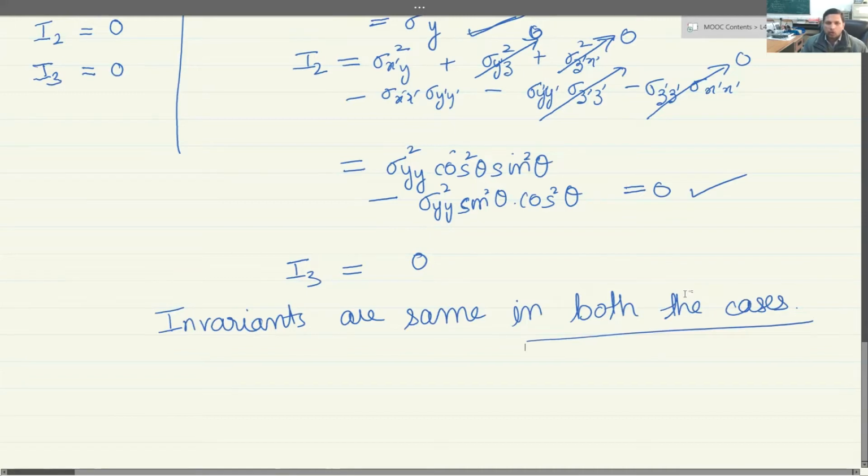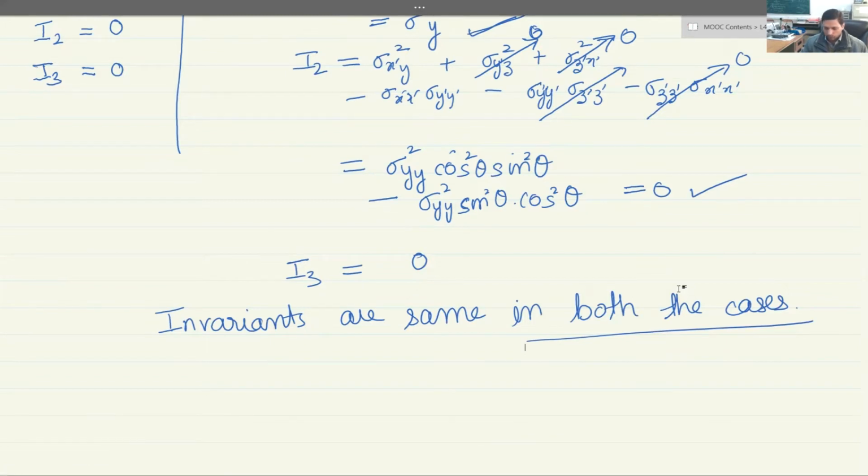And this is not some coincidence, but as you would see, this is the way it will be for all the conditions.